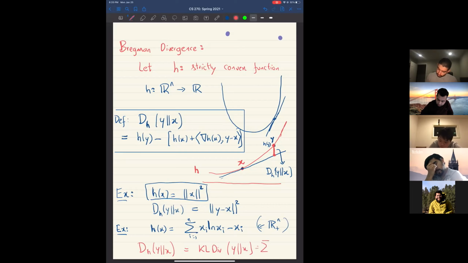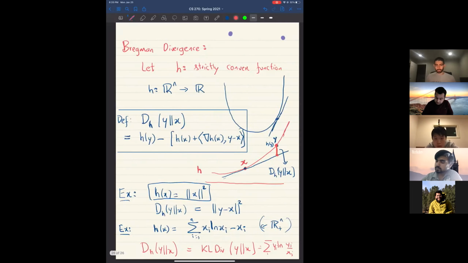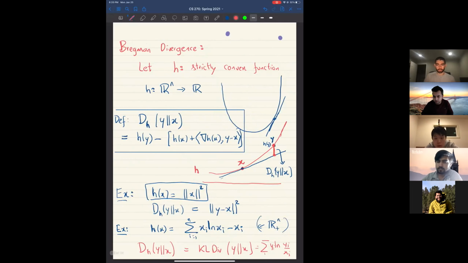It is the sum over i of yi ln yi by xi. So now you can just use this back in the definition of the algorithm here. What you recover is the multiplicative weights algorithm, the multiplicative weights of the experts algorithm. You get that by just using this as your regularizer.